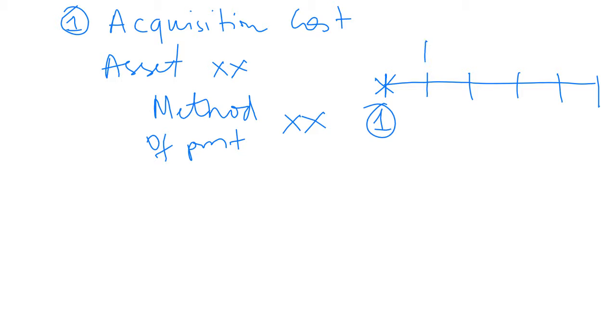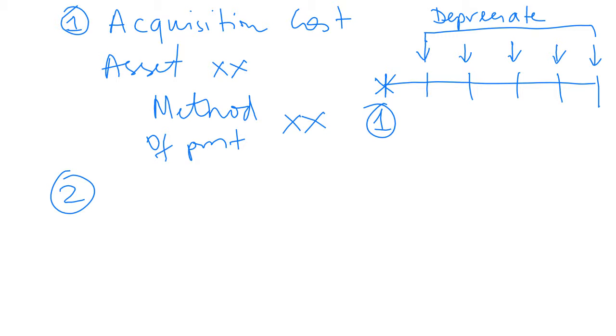Then, at the end of every year of its useful life, or every period of its useful life, the company will have to depreciate the asset. So when we are depreciating the asset, this would be accounting issue number 2. We have to figure out the method of depreciation, and then we have to prepare the journal entry.